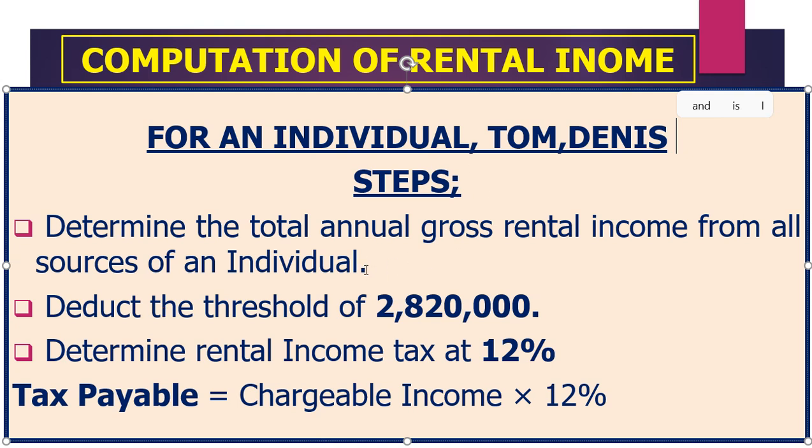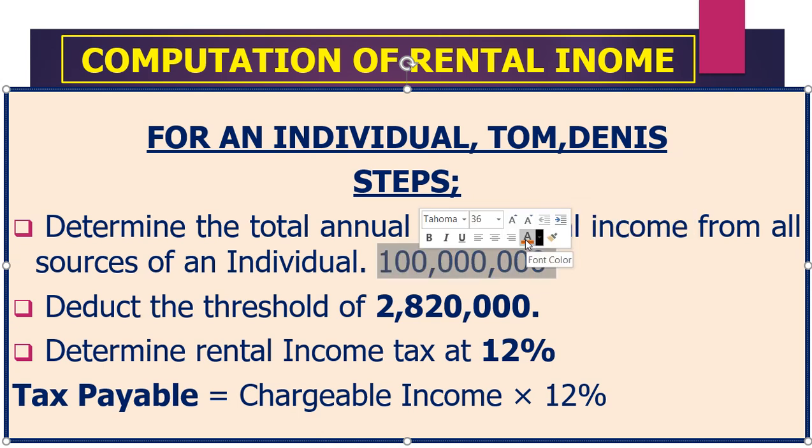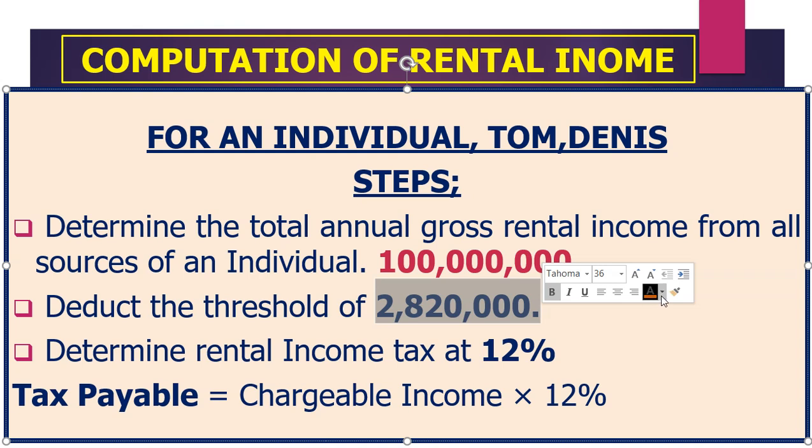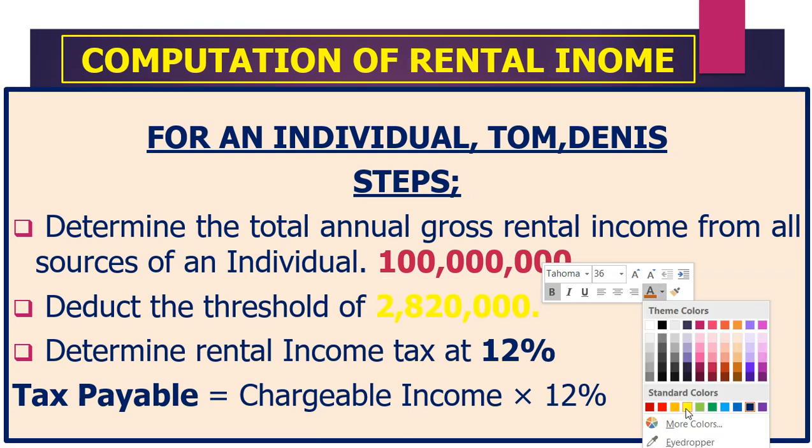Now, let's assume the annual gross rental income is 100 million. So now, we are just assuming 100 million as the rental gross income. So here what we do, we deduct the threshold. The threshold provided by the law is 2.82 million.